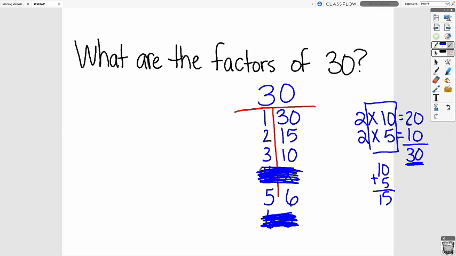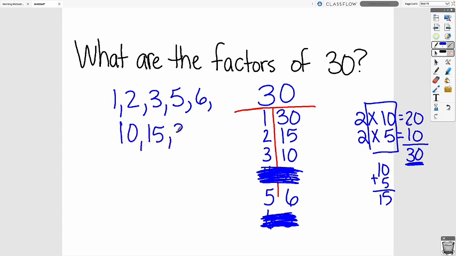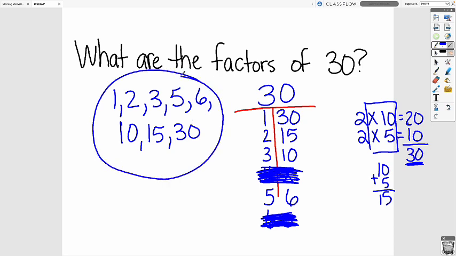So let's list all of the factors of 30. I'm going to start with 1, 2, 3, 5, 6, 10, 15, 30. Those are all of our factors for the number 30.